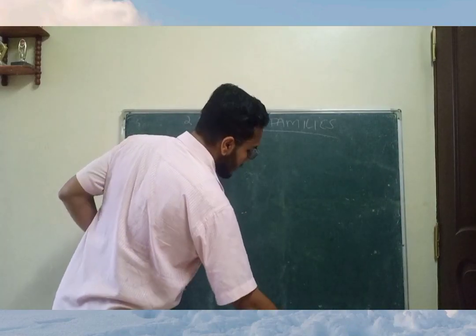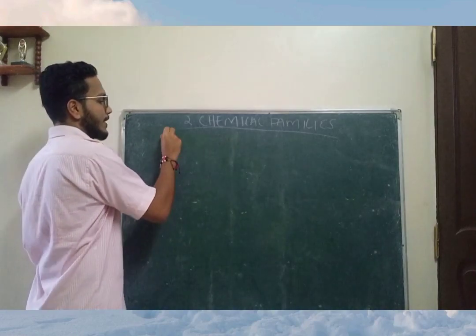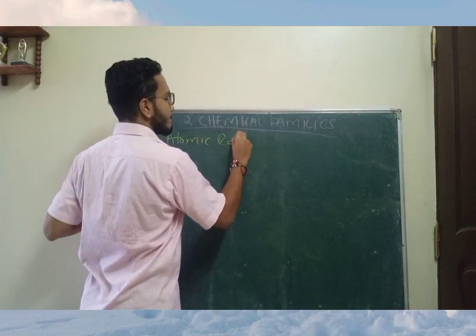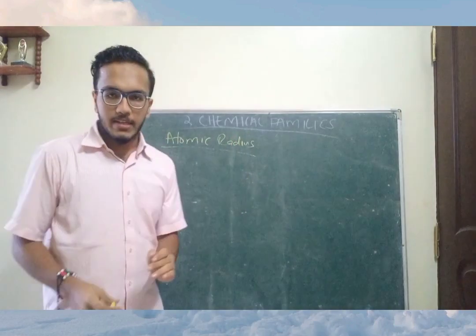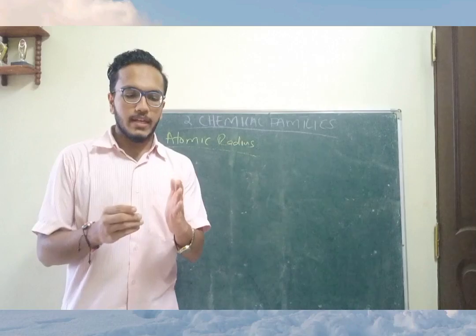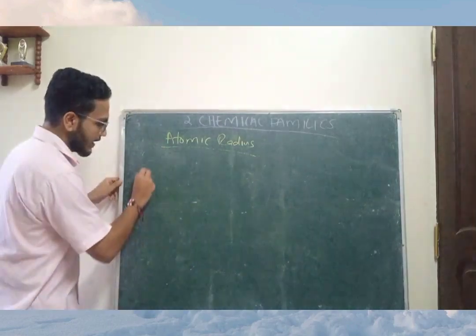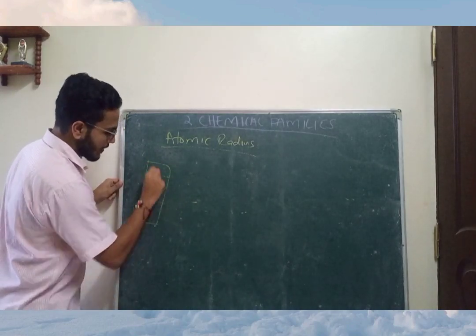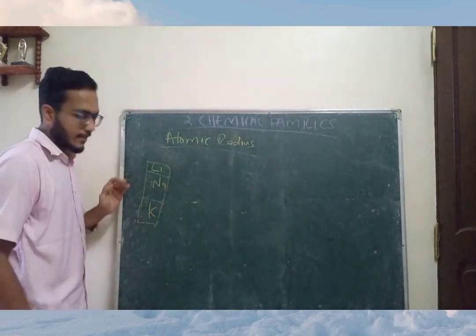Of alkali metals, we will look at various different properties, and we will start with atomic radius. Now in chemical families, as I told you, they are elements with similar chemical properties. However, they are in a group. So group 1 has lithium, sodium and potassium, with their chemical symbols.